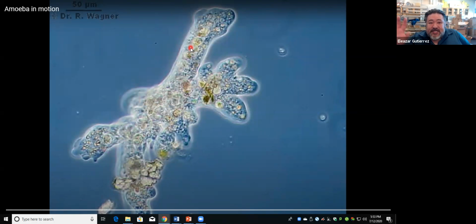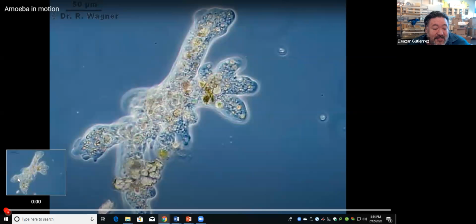And as it's pushing out, because there's no real shape to this cell, the rest of its cytoplasm, not just the cytosol, the cytoplasm, that means everything inside of it, just gets pushed in that direction. And we call that cytoplasmic streaming, which is so cool.